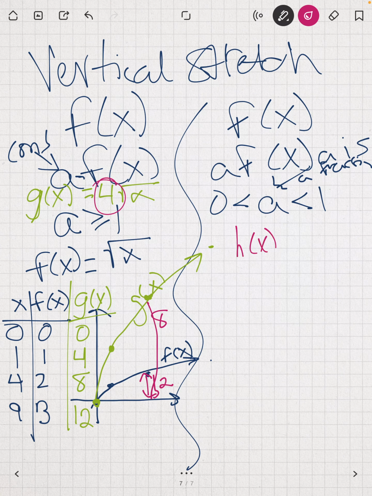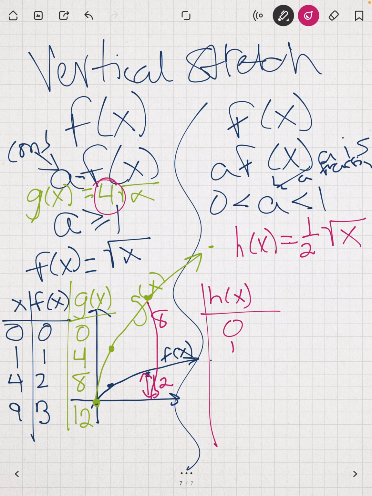And now that's different than, say, for example, if we had h of x equals 1/2 square root of x. Because now, I'm just going to put my h of x column. Half of 0 is 0. Half of 1 is a half. Half of 2 is 1. Half of 3 is 1.5, and so on.